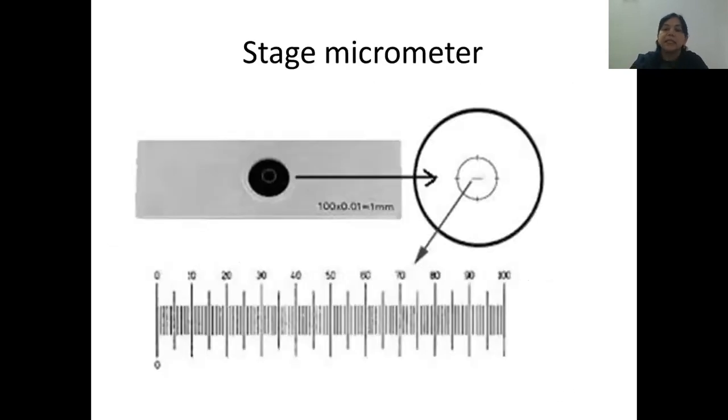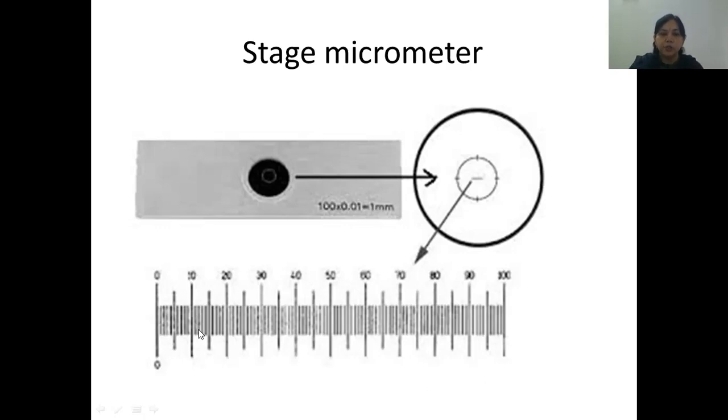Stage micrometer. Stage micrometer is a scale. This is just like a micro slide that you place under the microscope, with a small marking here. The scale is present exactly at the center of this slide. The scale has divisions from 0 to 100.